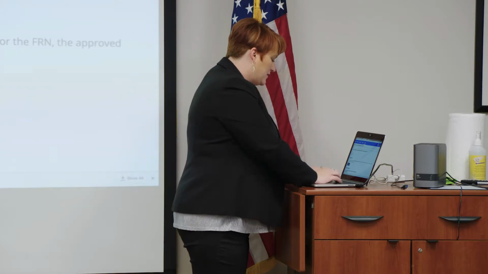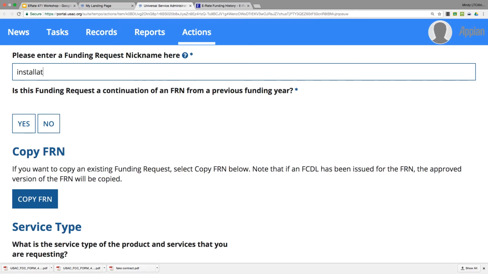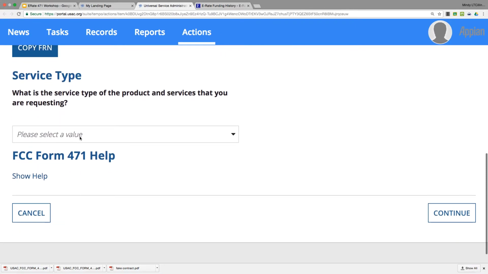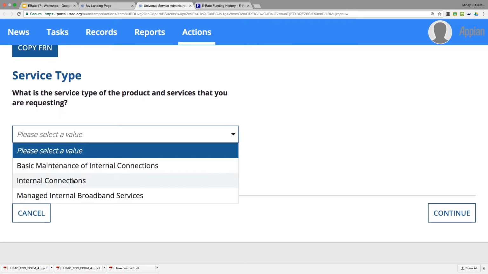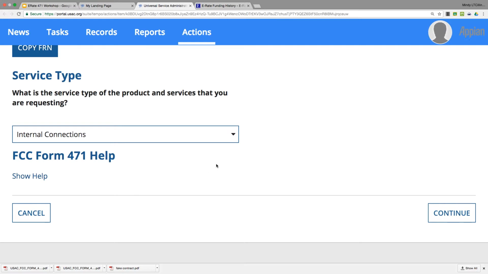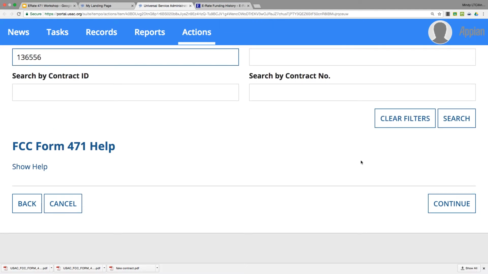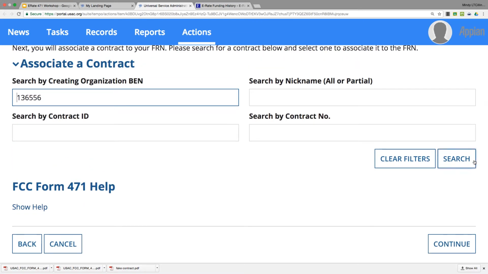The funding request here is installation of equipment. This is a different provider. It is not a continuation, so I'm not copying anything over from last year. It is internal connections. Continue. It's thinking. It is a contract because I'm going to pay Charlie Incorporated to put all of this in for me.